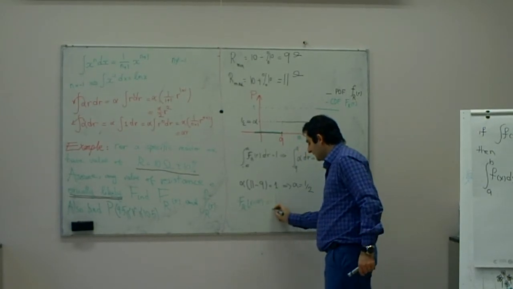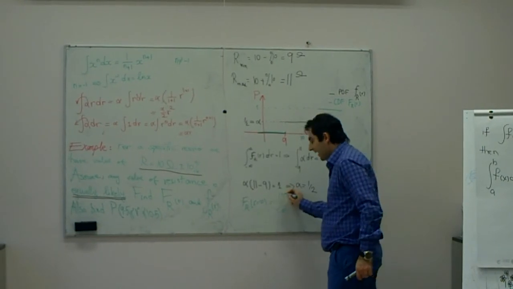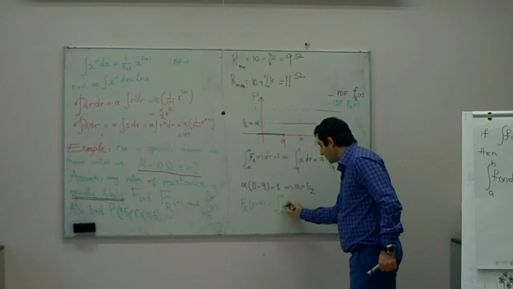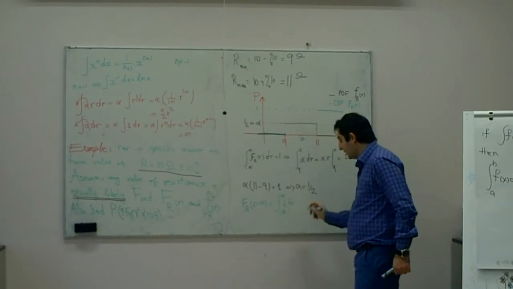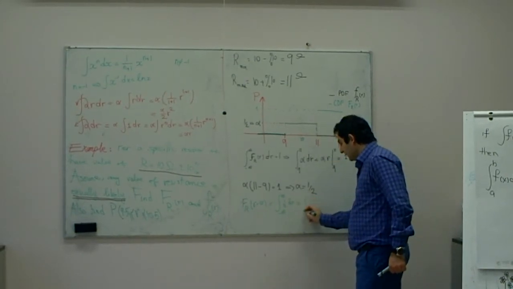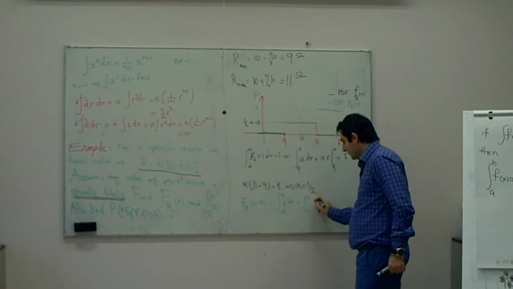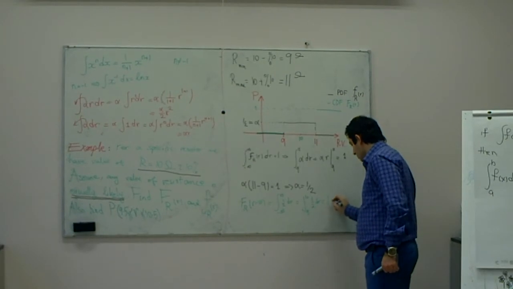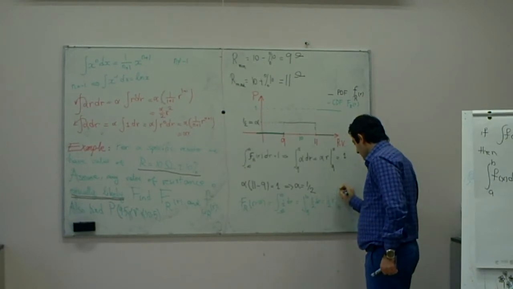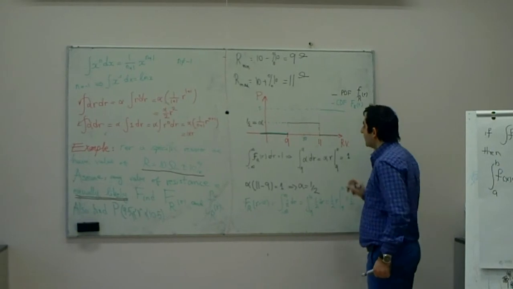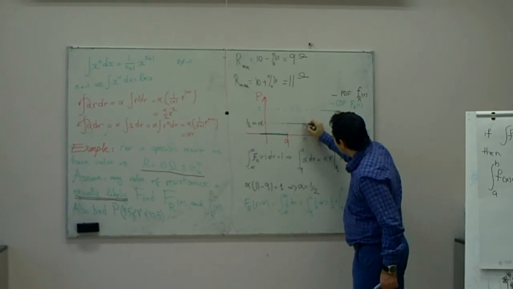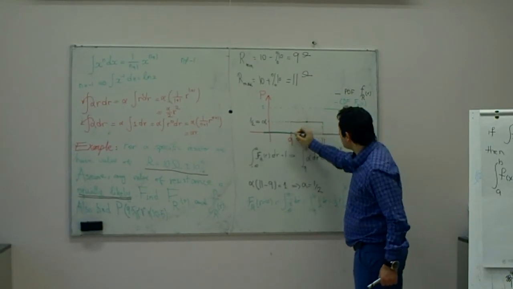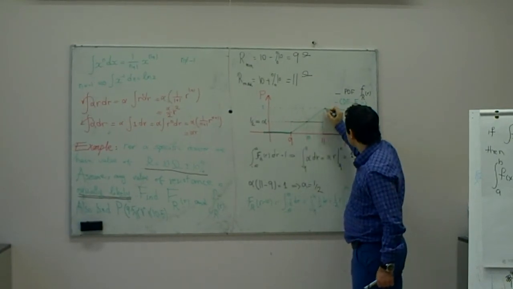This means the integral from minus infinity to 10 of 1 over 2 dr, which is the integral from 9 to 10 of 1 over 2 dr, which is 1 over 2 r from 9 to 10, and the result is 1 over 2. It means that at 10, the CDF value is 1 over 2.